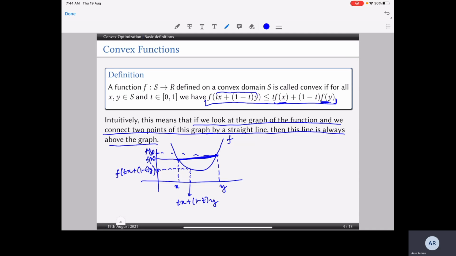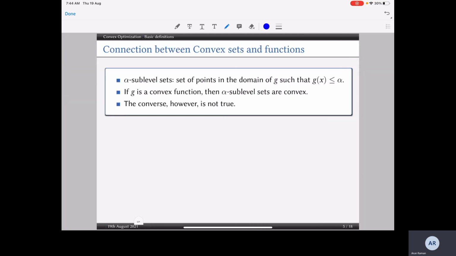So I think it is clear. Next, we will not be particularly using the concept of alpha sublevel sets, but it is just good to know. That is why we have it in the set. Alpha sublevel sets we can denote by S of alpha. They are basically points in the domain of any function g, such that the value of the function is less than alpha.